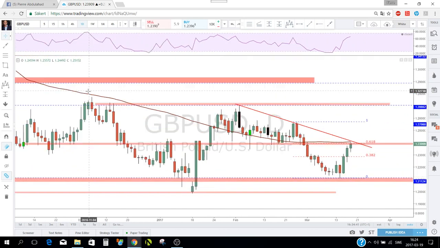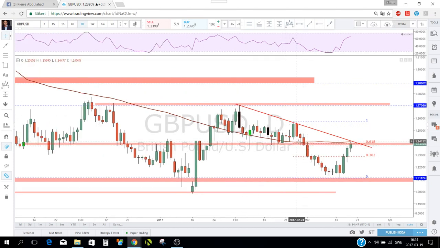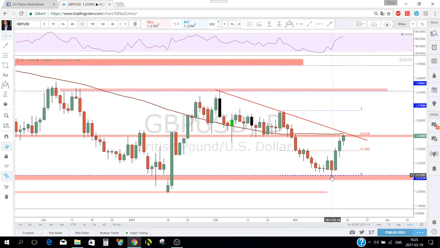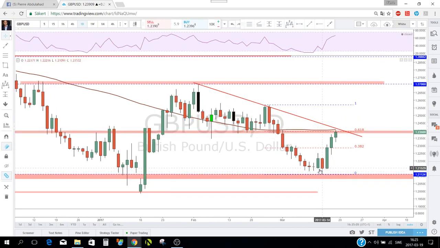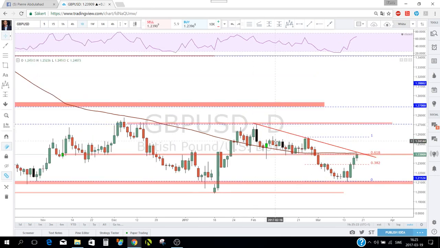Right now, what we have here, we did break down below this structure and below the 100 moving average, and the move down was very good and strong, and we did some consolidation back down here. That was the trade I was talking about, that we should see a bounce from back down here and back up, and that's exactly what happened. So as of now, we're still trading below the daily 100 moving average and below this structure here.